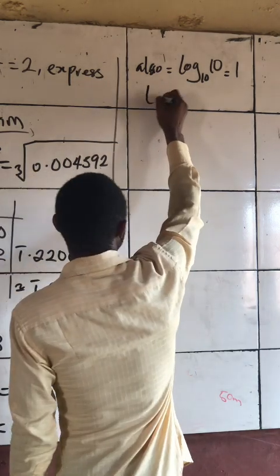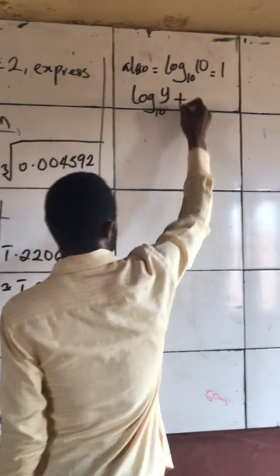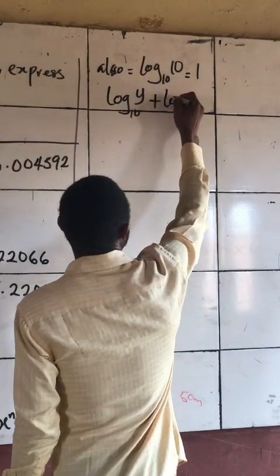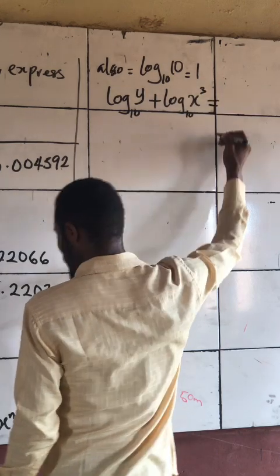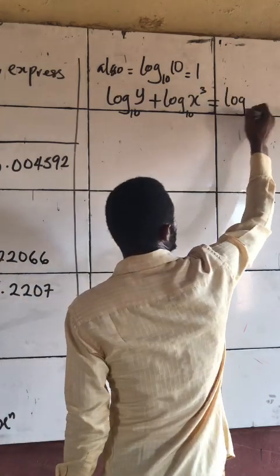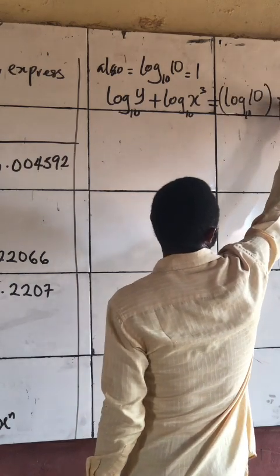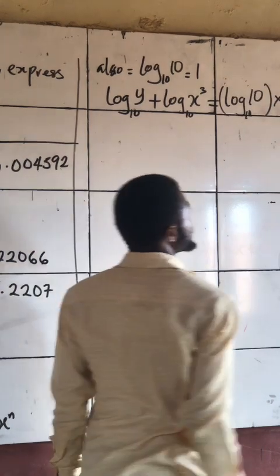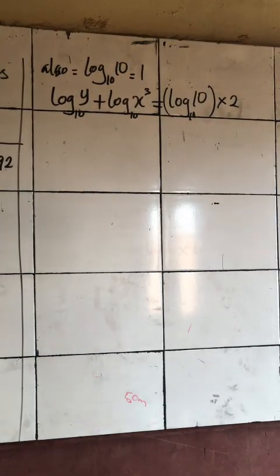So from that place now, I can say that we have log y base 10 plus log x raised to power 3 base 10 equals to log 10 base 10, then raised to power 2.